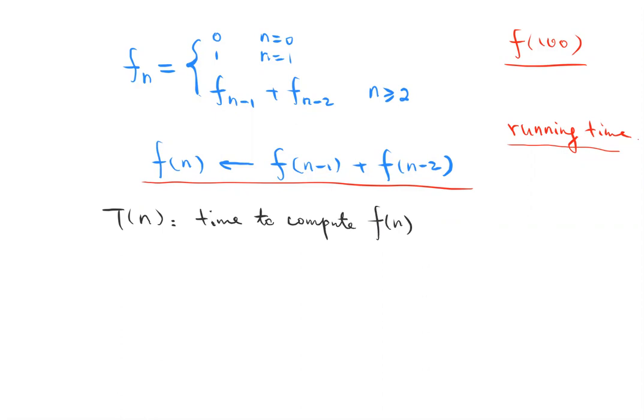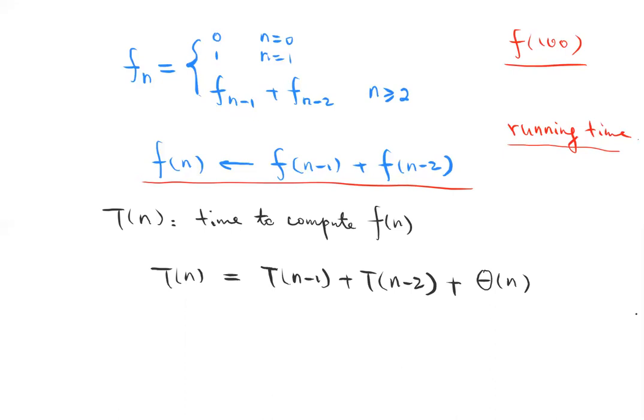Then from this recursive function, we can see Tn obeys this recurrence relation: the time it takes for the two subproblems, plus the time for addition, because the length is proportional to f of n. So basically it's proportional to n. So here will be order of n. That's the recurrence we get.